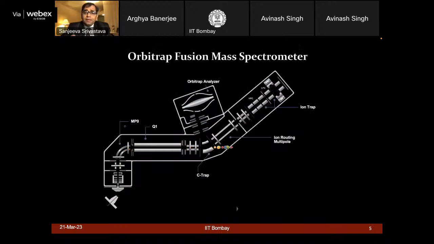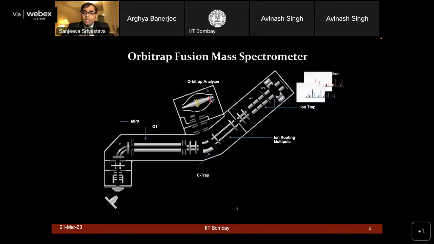Further, technologies like the Orbitrap Fusion mass spectrometers came forward, which has really expanded our power of looking at proteome coverage and proteome analysis. This is one of the tribrid mass spectrometry based technologies, which has the quadrupole, Orbitrap and ion trap, and one could analyze the proteome after it comes from the quadrupole, either in the Orbitrap or in the ion trap, or use both of these mass analyzers.